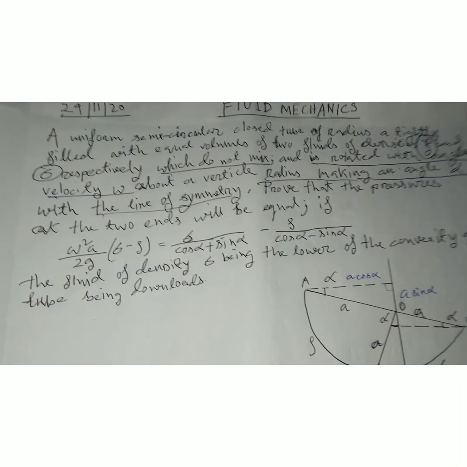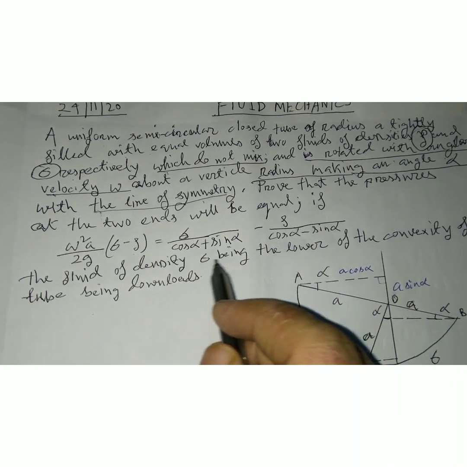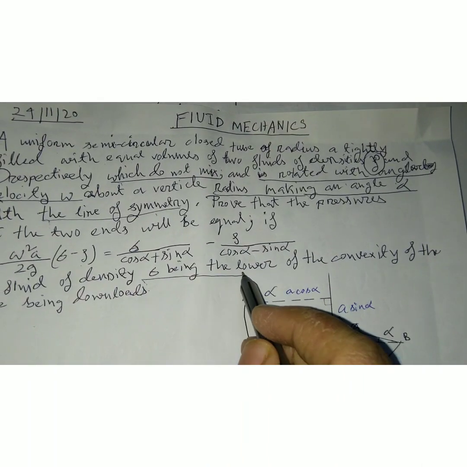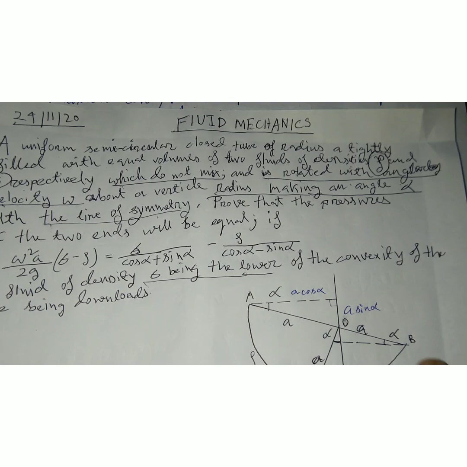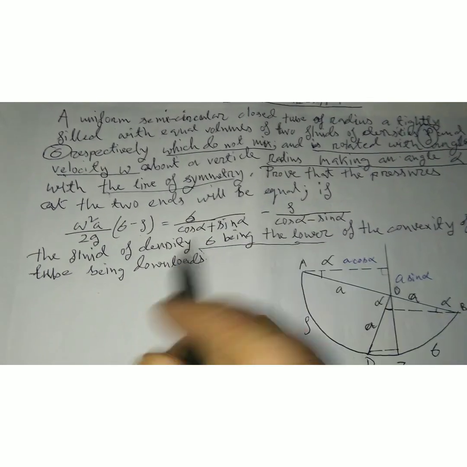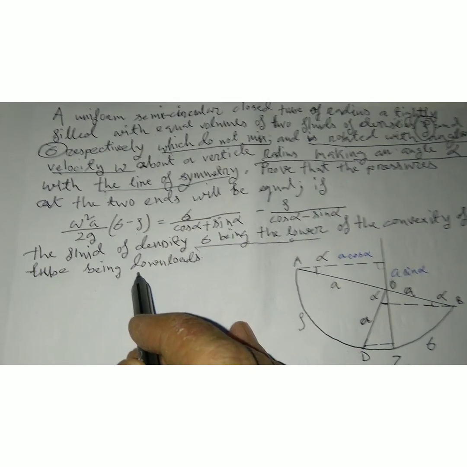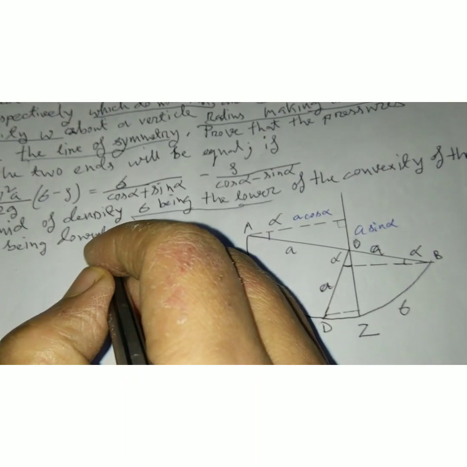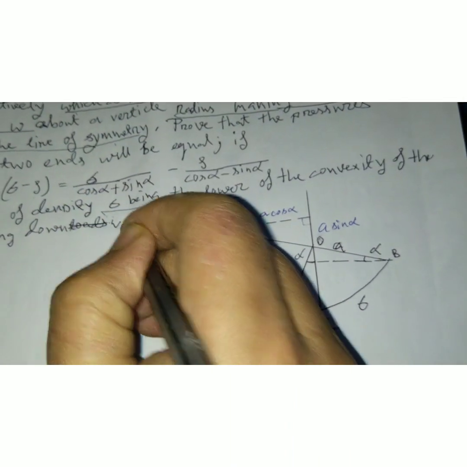The fluid of density sigma being the lower, and the convexity of the tube being downwards. Sorry, downwards, I wrote it wrong.